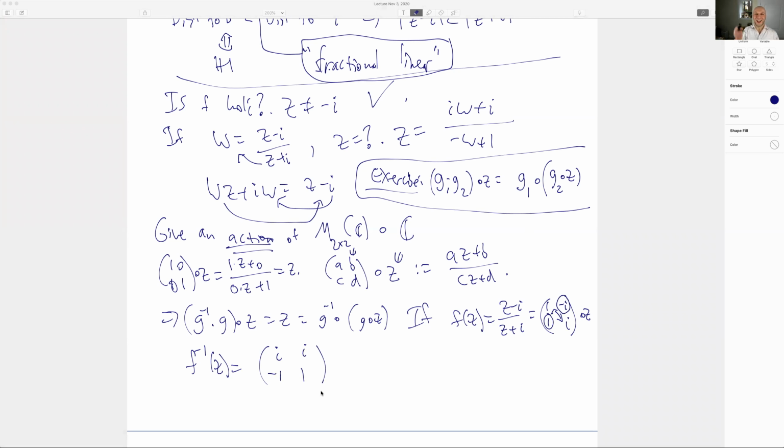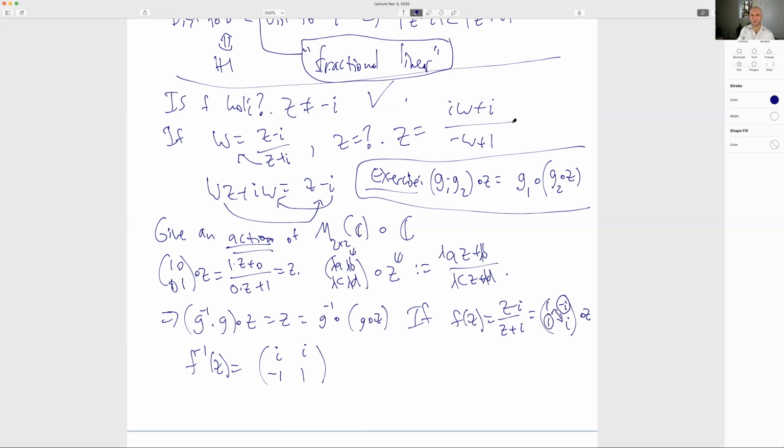Divide by determinant. And you must divide by the determinant. But here's a magical thing that happens. If I multiply all of these by a constant, that constant is gone. So I don't have to divide by the determinant.